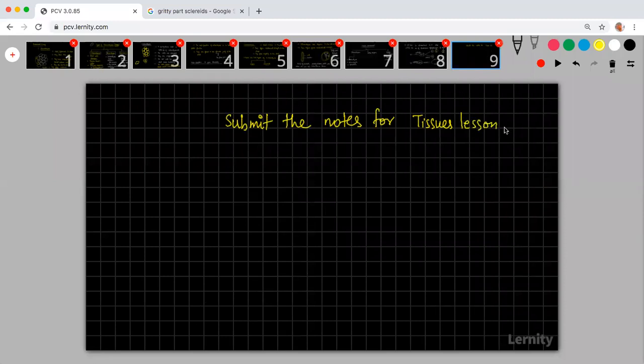Whatever you have written so far, I want you to submit it. Take a photograph and submit it. Okay. In case you have not completed it, please see to it that you complete it and then submit your notes so that I will be able to see what you have written. Okay, don't send it as a photograph. Try to send it as a PDF.